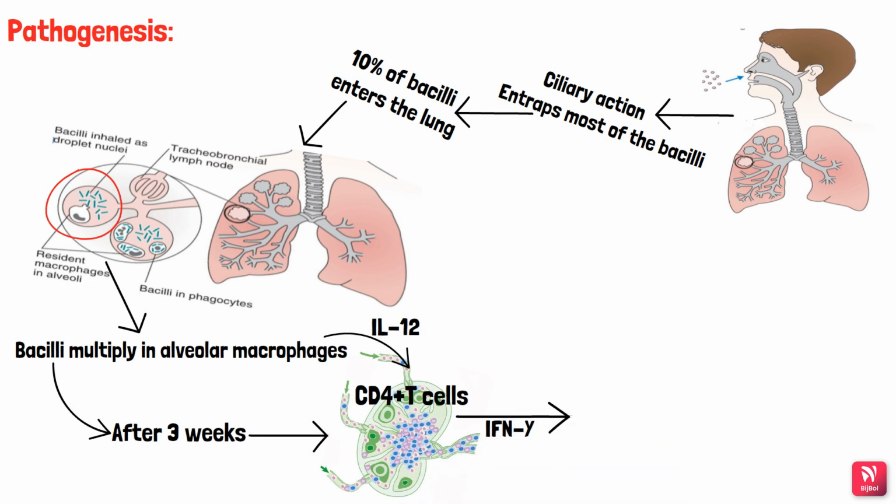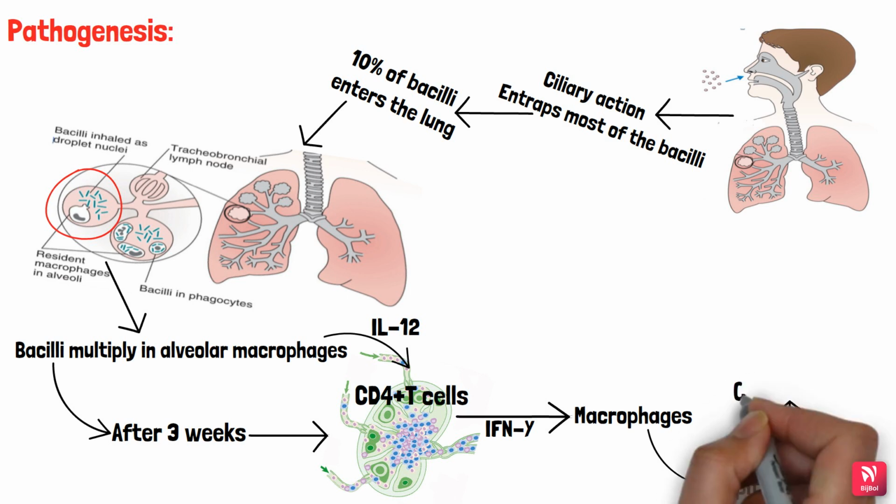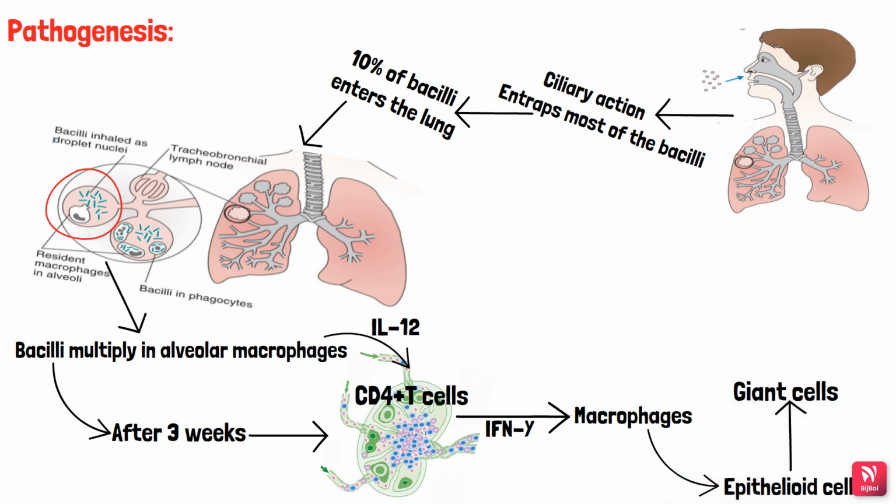This cytokine will recruit more and more monocytes or macrophages from the bone marrow. So now we have T lymphocytes and more macrophages, which undergo modification to become epithelioid cells, epithelioid macrophages. As these are not able to kill the bacilli, they start to fuse together to form a giant cell, so that they can kill the bacteria.